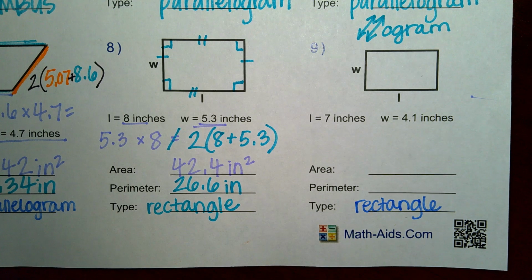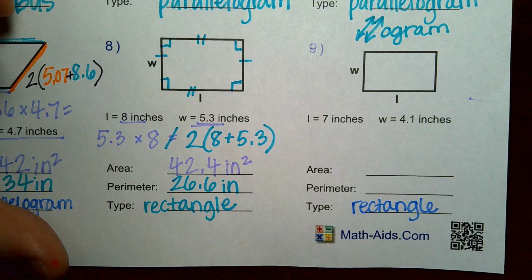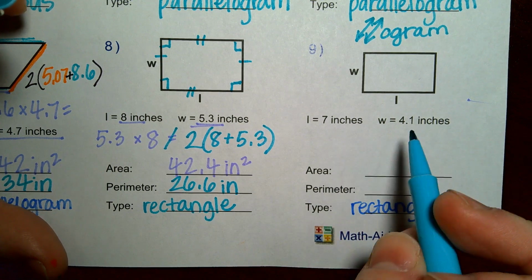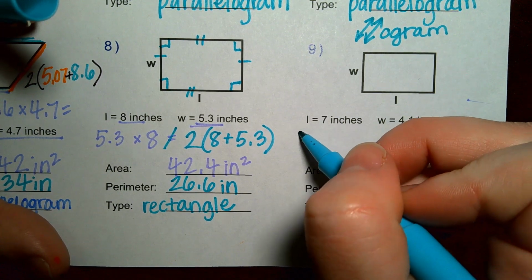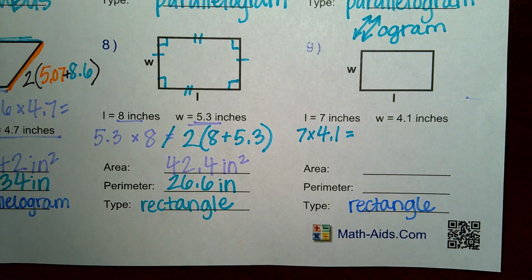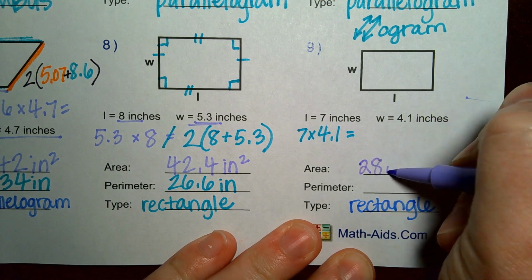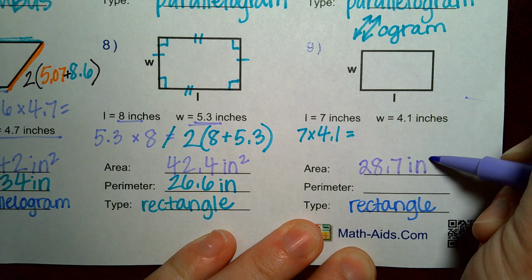Okay, so how do we find area of a rectangle? 7 times 4.1. Good. 7 times 4.1, which is 28.7. 28.7 inches squared.